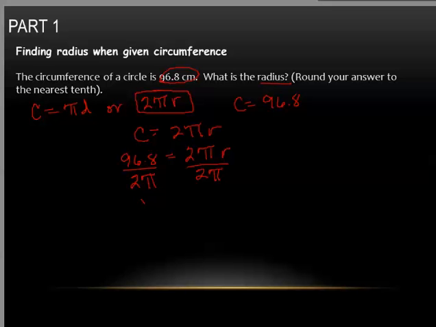So 152.1 equals r. That's a mighty big circle. Oh, that's centimeters. Luckily this is multiple choice. You won't have to write all this out, but I'm going to make sure I got my units in there.